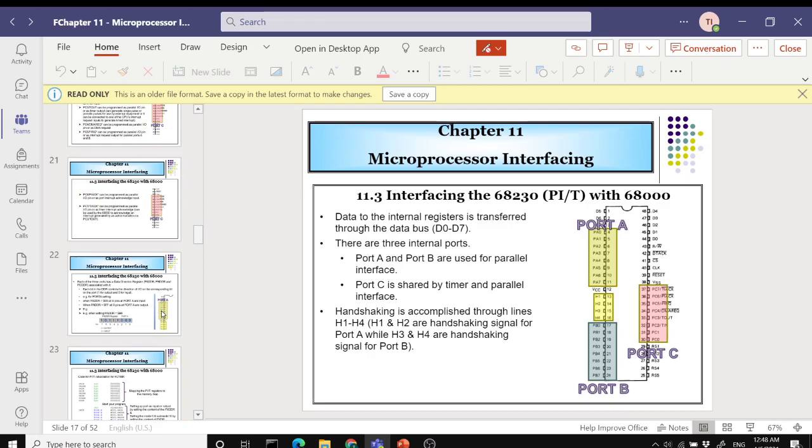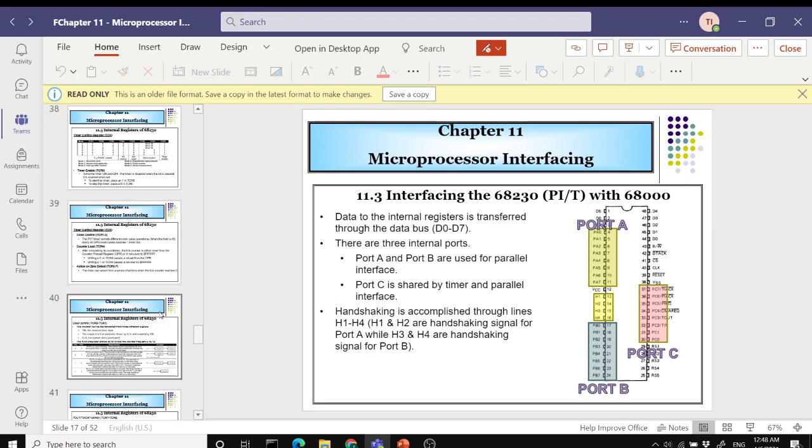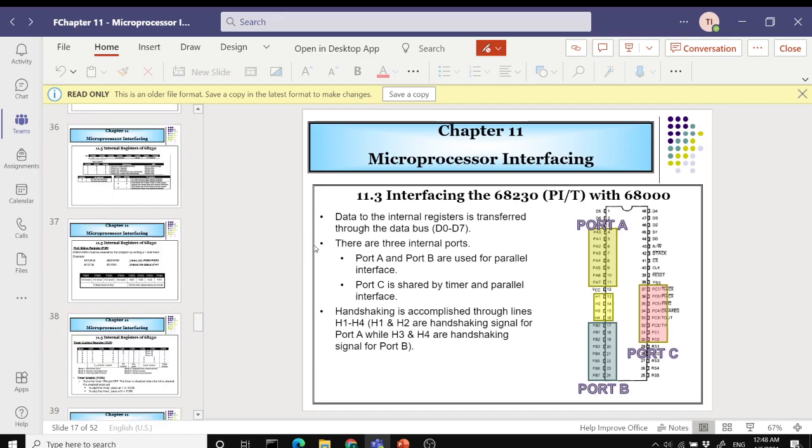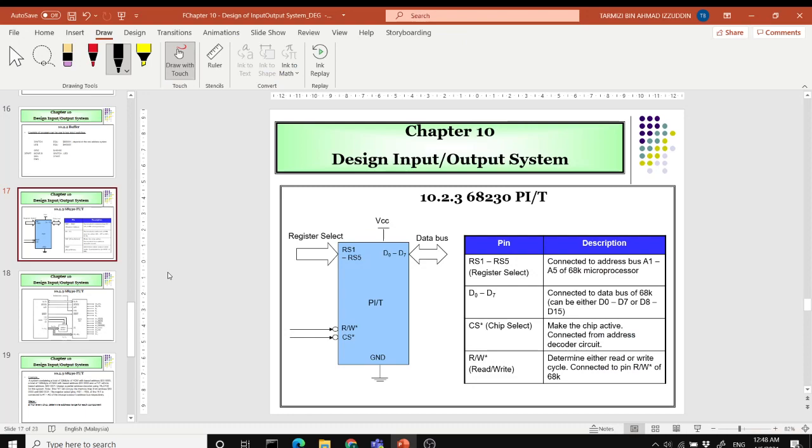I think if you want to go into detail, you can see it by yourself in this slide. But now what I'm going to do is go back to the previous slide, chapter 10, and look at how we're going to interface your 68230 with your 68K.